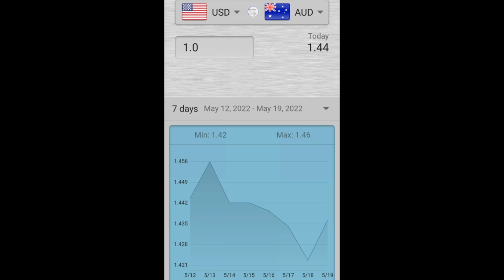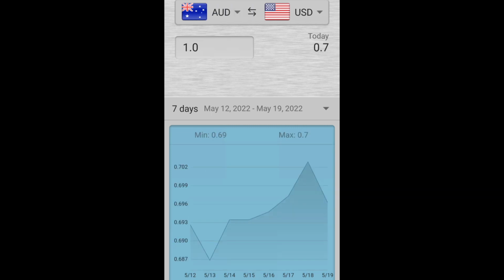That's the US dollar to Australian dollar. If we interchange it to AUD to USD, we have this data.